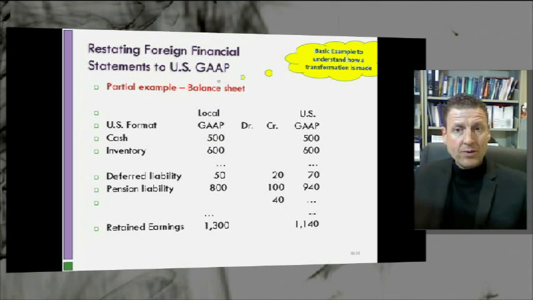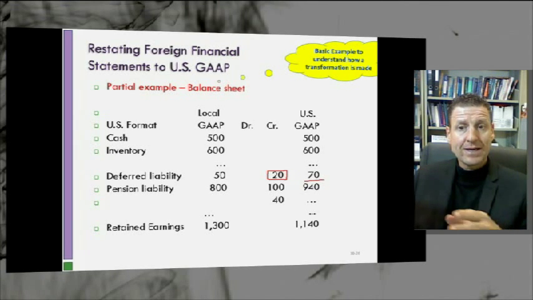And so here we have the final balance sheet example where we have an increased deferred liability of 20 going under the GAAP balance sheet. We have that $100 extra in pension liability under US GAAP, plus we're making an extra provision during that period under US GAAP. So this 40 is coming for the current period.